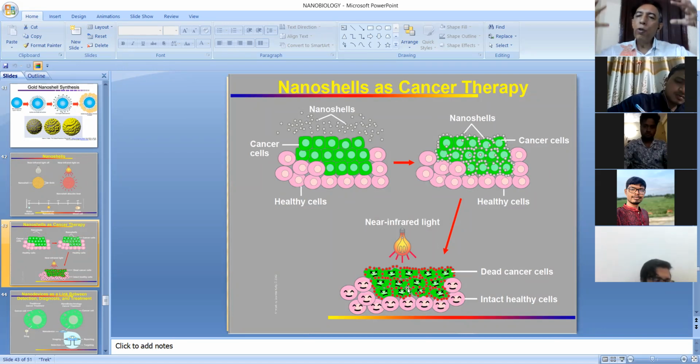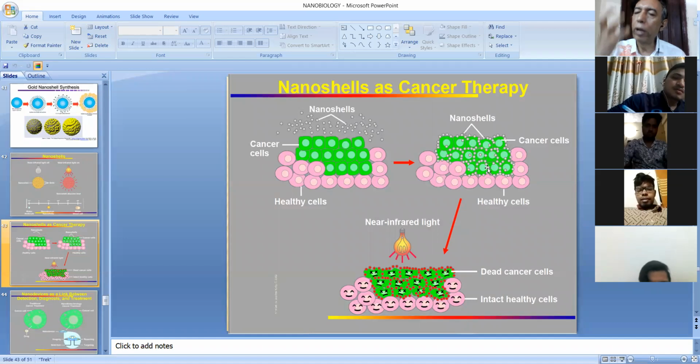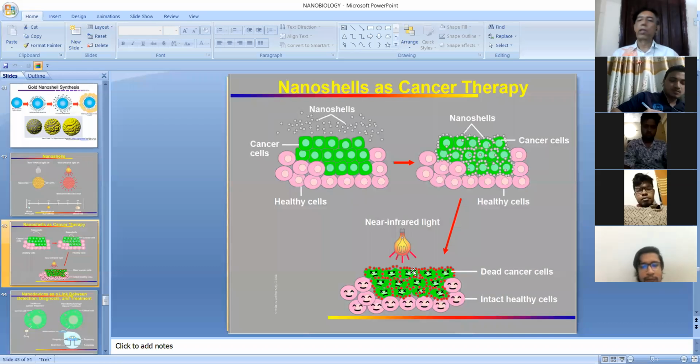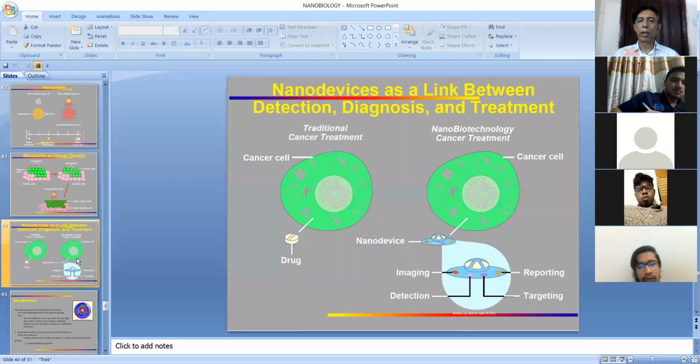Now, if you irradiate infrared light on the body, only the cells which have a nanoshell will absorb this infrared light and be heated, and that heat will destroy the cancer cells. This is the advantage of nanoshell.